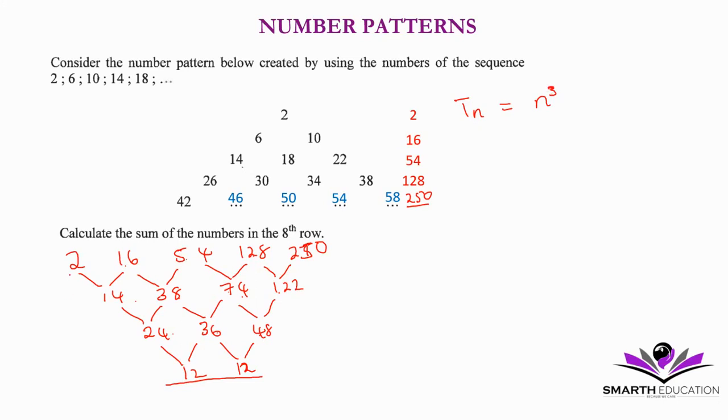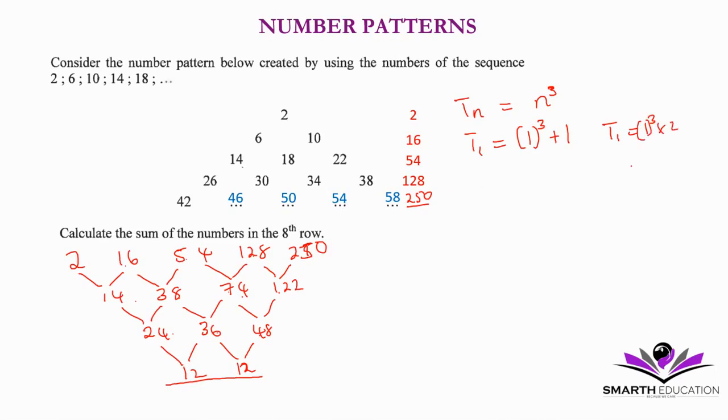Now T1 is going to be 1 cubed. And then what do we do to get 2? We have to add 1. 1 cubed plus 1, we get 2. Or we can say T1 is equal to 1 cubed times 2.